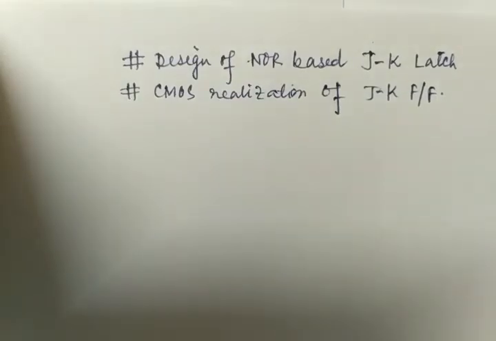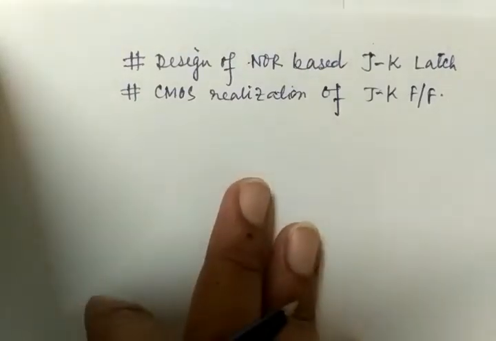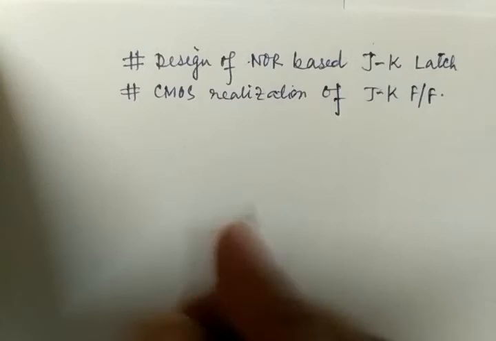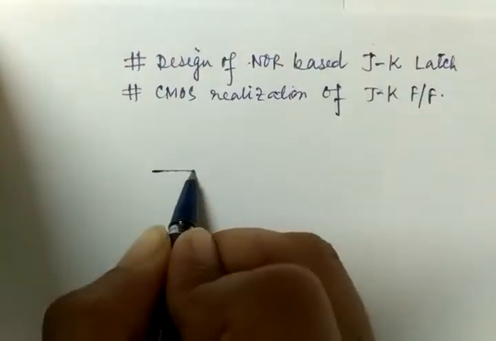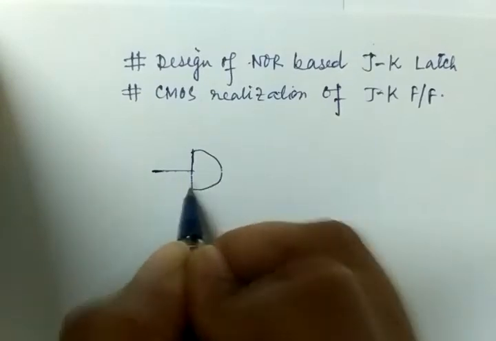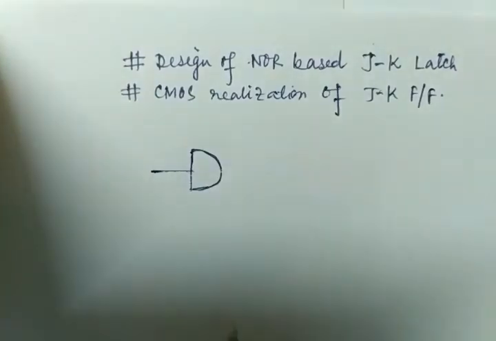Whenever you are designing a JK flip-flop, please do the truth table, please do the gate level diagram, and please follow the chronological order that we have already mentioned, that is how the design happens. Using gate level design and truth table, draw the design, and after that verify the truth table also.